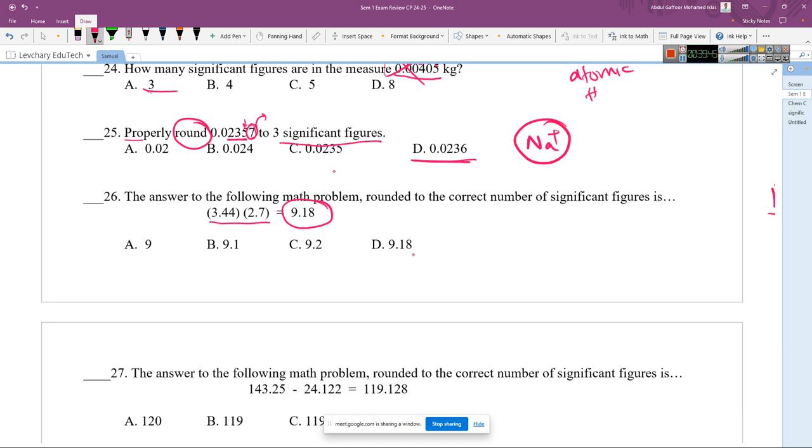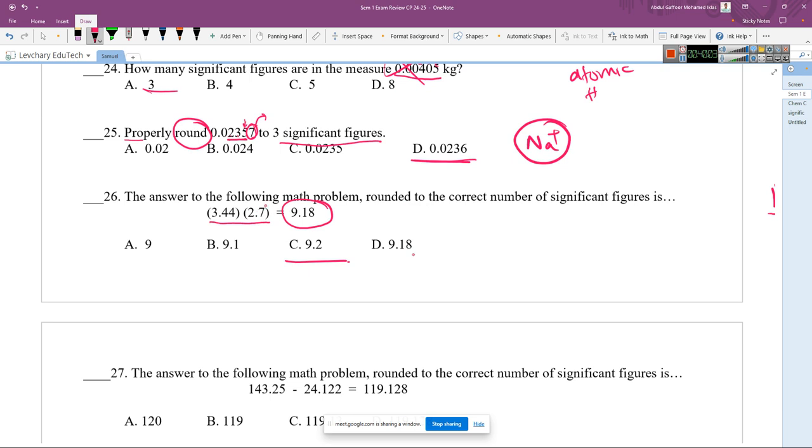By rounding, it would be C. Why? Because we are supposed to round to the correct number of significant figures. When we multiply, we correct to the lesser number of significant figures.